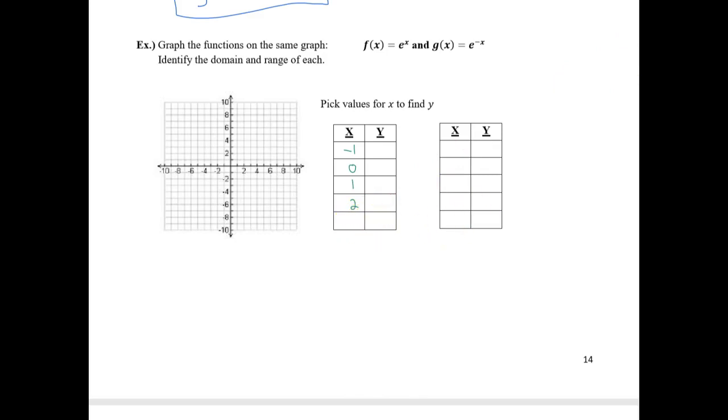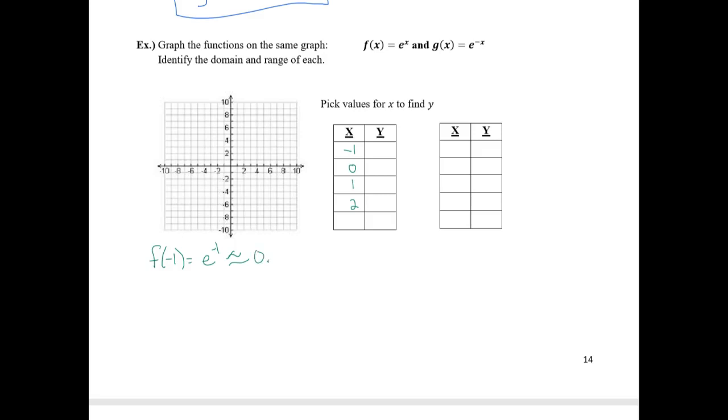So when I plug in first f of -1, I get e to the -1 power, which is approximately 0.4.